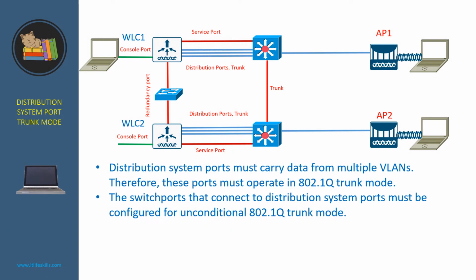As you can see, the distribution system ports must carry data from multiple VLANs. Therefore, these ports must operate in 802.1Q trunk mode. The switch ports that connect to the distribution system ports must be configured for unconditional 802.1Q trunk mode.